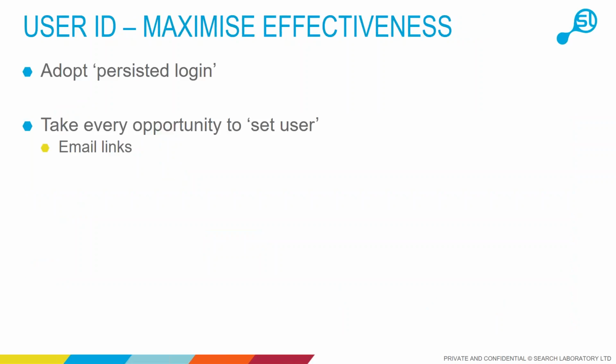I've just put a couple of points here about maximizing the effectiveness of this user ID feature. I said earlier that it's critical really that you get this user ID output in everybody's web session, if it's at all possible. And to help do that, there's two things I would always recommend, one of which is adopting a persisted login.